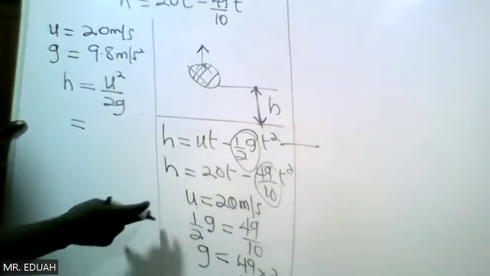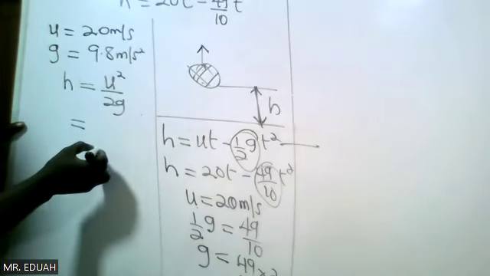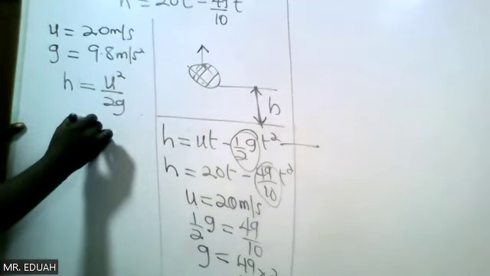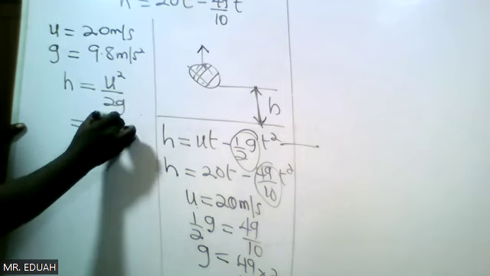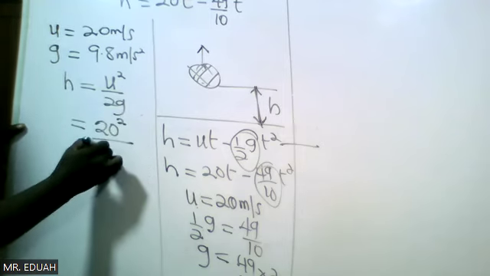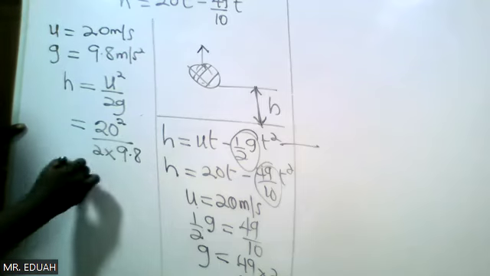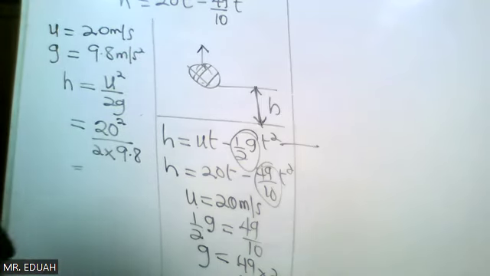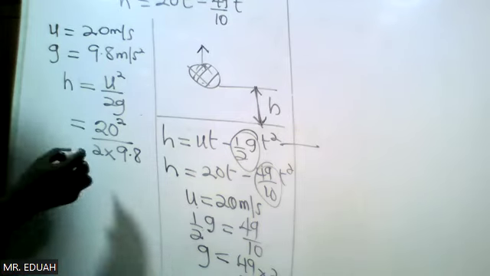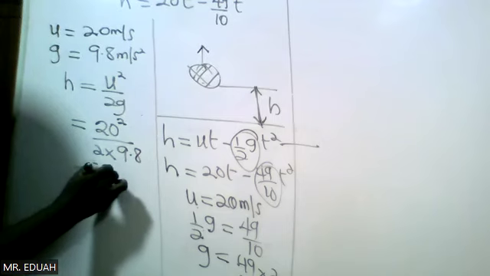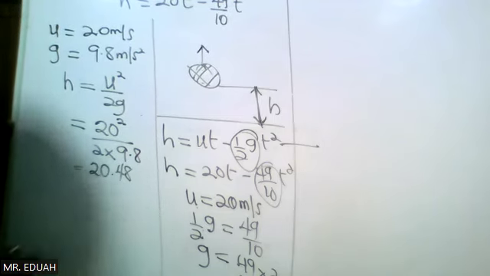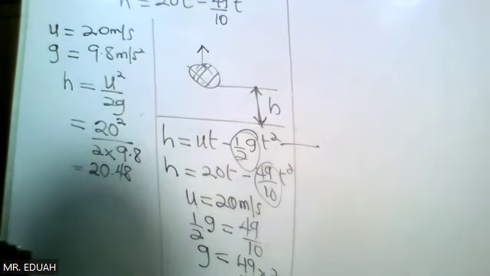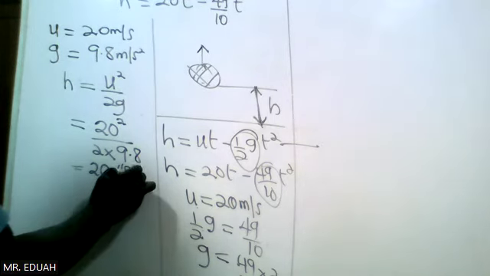So if u is 20 and g is 9.8, then we shall have 20 squared divided by 2 times 9.8. And this must be equal to, I think, 20.48. Check for me. 20 meter.